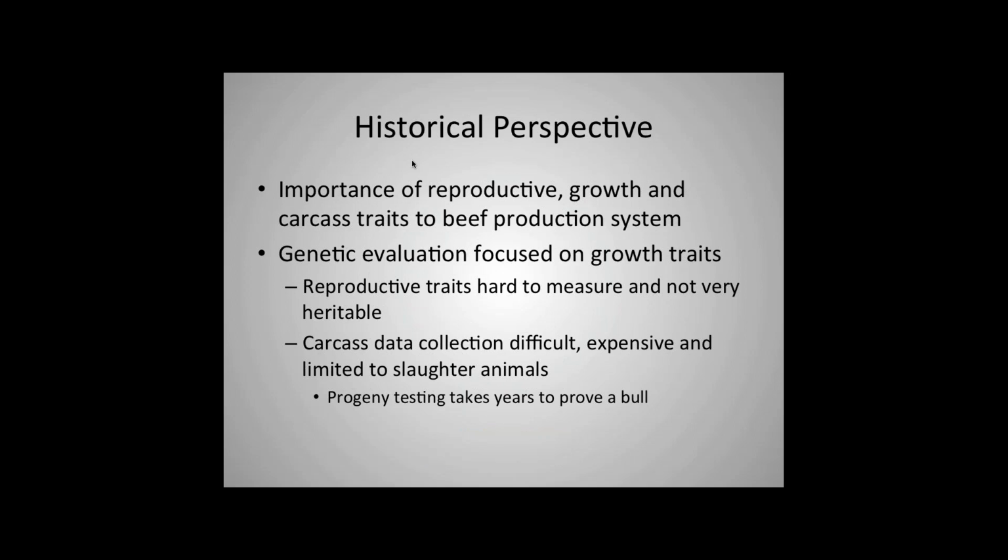But in the 1970s and 1980s, when breed associations were first doing genetic evaluations, they focused primarily on growth traits, because reproductive traits were and still are hard to measure, and they're usually not very heritable. And as far as carcass traits go, collecting data on the actual carcass has been difficult, expensive, and limited to only slaughter animals.